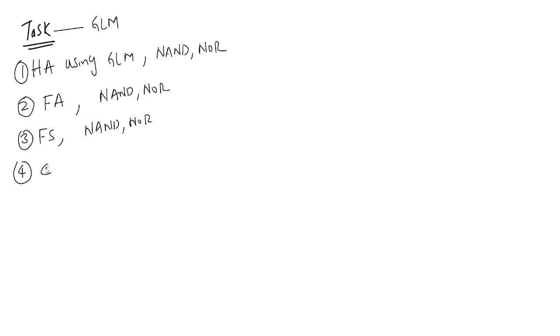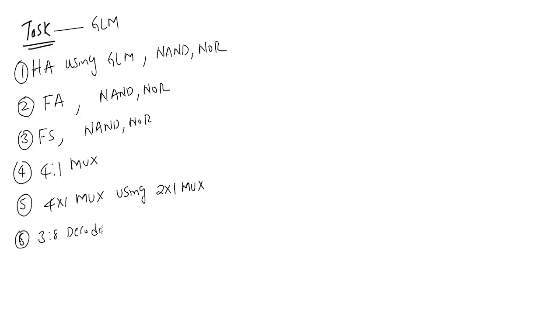The 2 to 1 mux we already completed. Then the 4 to 1 mux, and the 4 to 1 mux using 2 to 1 muxes. Next, the 3 to 8 decoder and the 8 to 3 decoder, and next a 1 bit comparator.